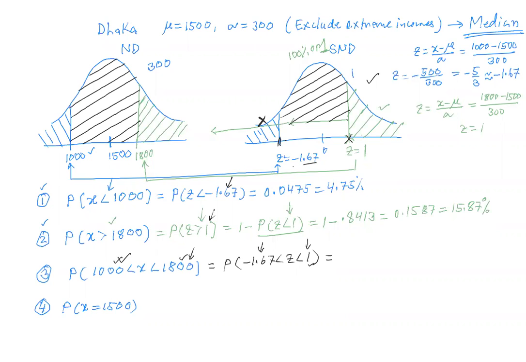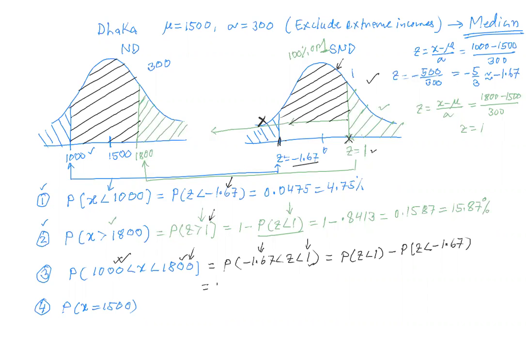So if I subtract the left shaded region from the Z equal to 1 area, then I'm going to get the middle portion. That is to say, the probability of Z less than 1 minus the probability of Z less than negative 1.67.